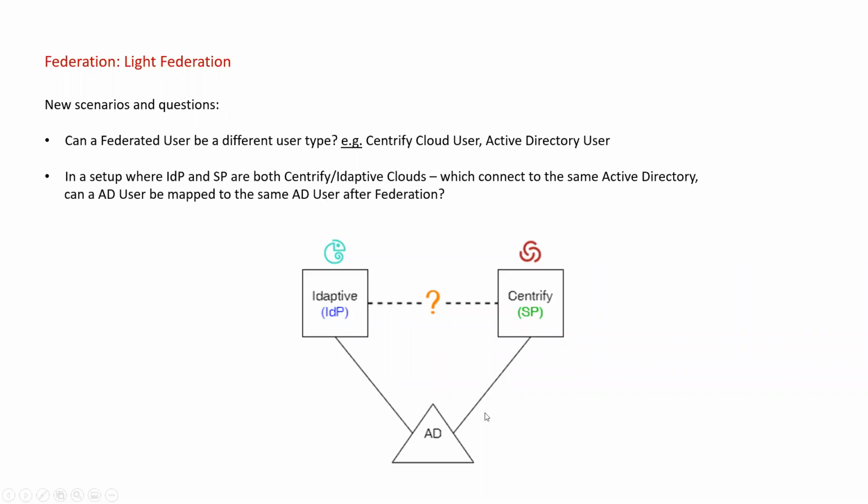In some setups, in this case your setup, you already have a common Active Directory connected. So is there a way for a user to go to Idaptive as an IDP and come back as just the same AD user, instead of a federated user?